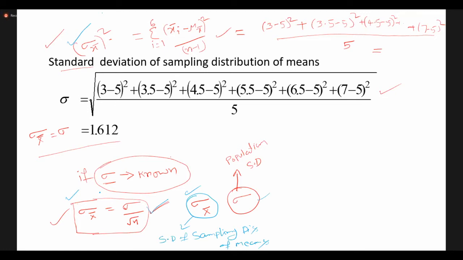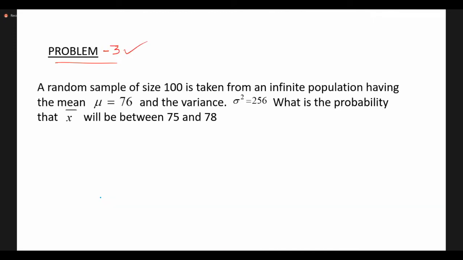That's why I use these two formulas. That is the difference. Is that clear? It's okay. We'll move to the next one.